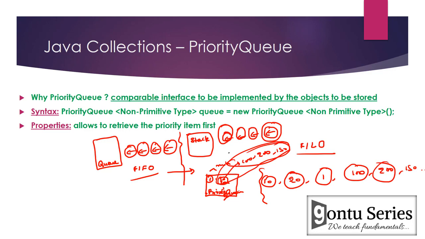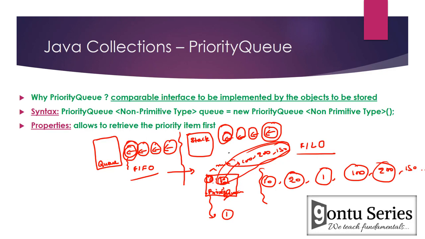Whenever you include an element to it, it's going to rearrange things so that the minimum element is always pointing to the first position. So the idea is how a queue works. It's always going to give you the first element, the element which is present at the first position. So when you retrieve any element from a priority queue, it's going to give you the first position. Here what's present at the first position is 1.